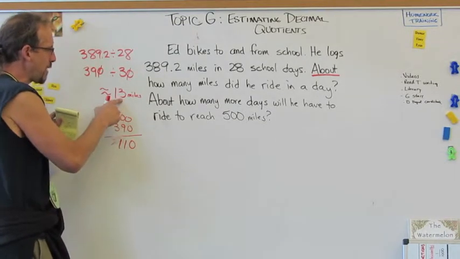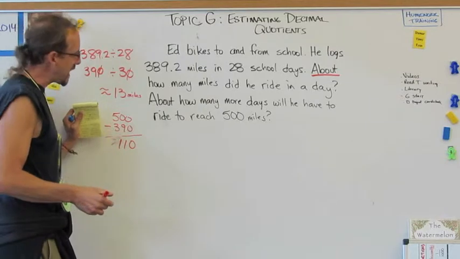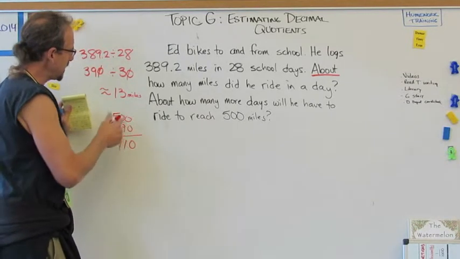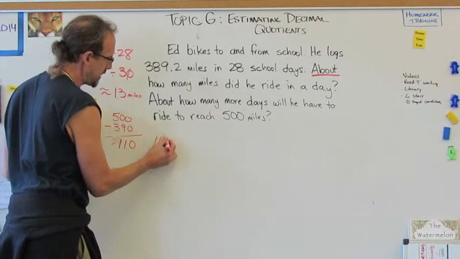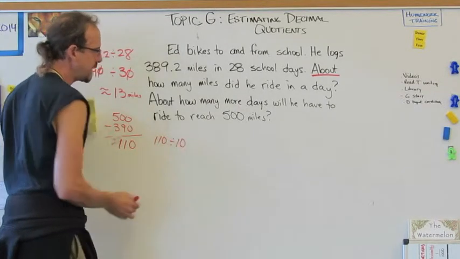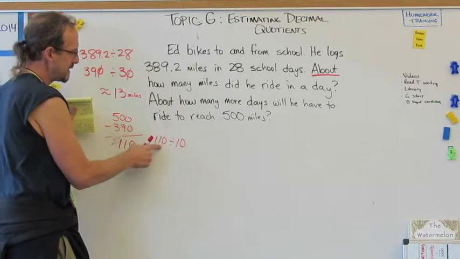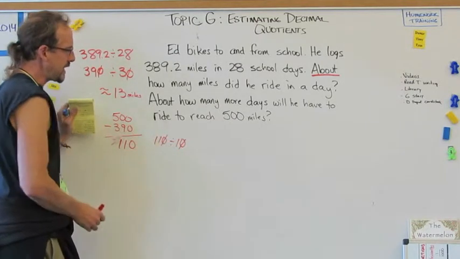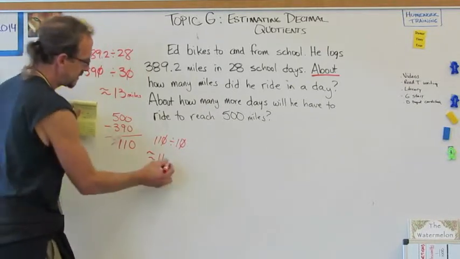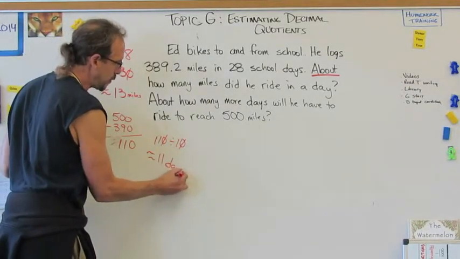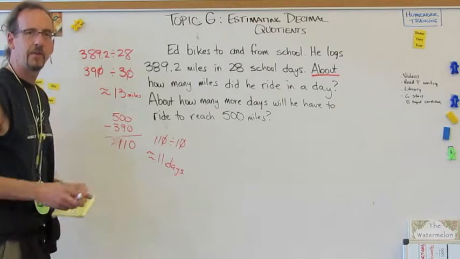And he's doing about 13 miles a day. I'm going to round that off to 10 and do 110 divided by 10 miles a day. Divide by 10 on each side. That's going to be about 11 days. He'll need to ride about 11 more days to get to 500 miles.